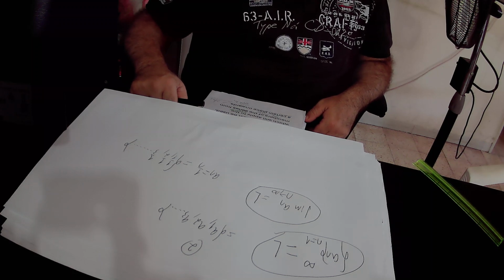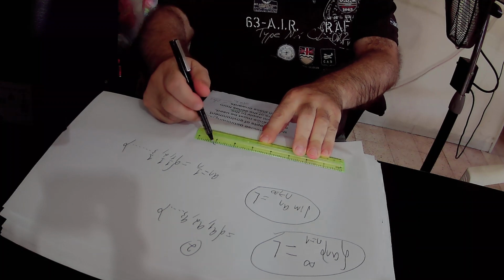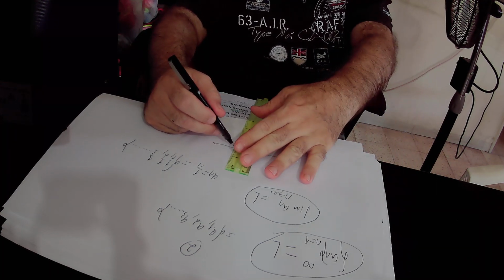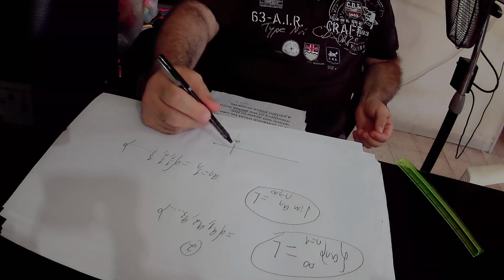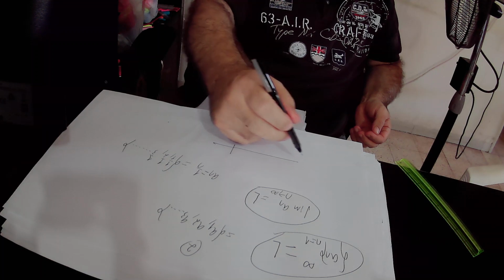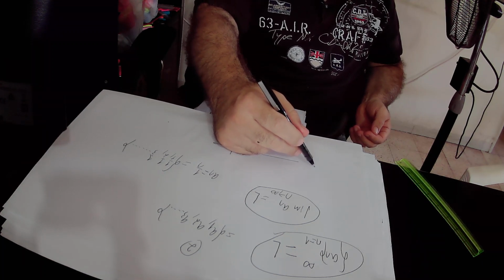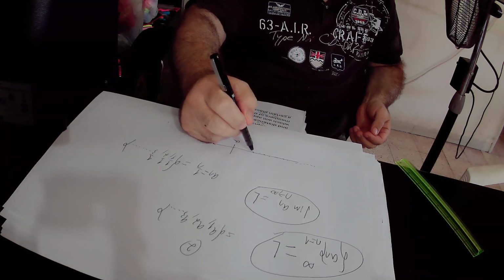For example, if A is the limit of a sequence, then the members of the sequence are getting closer to A.